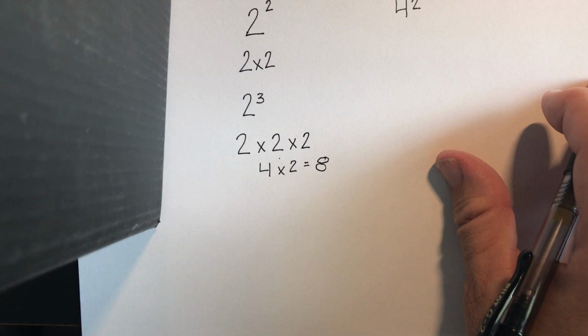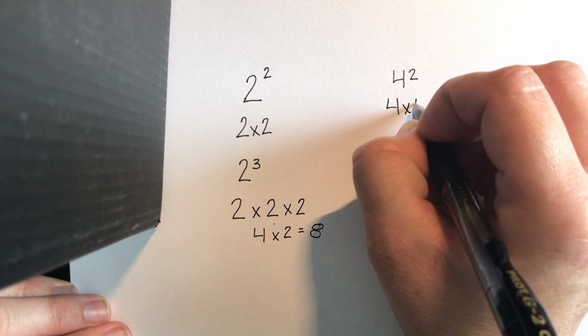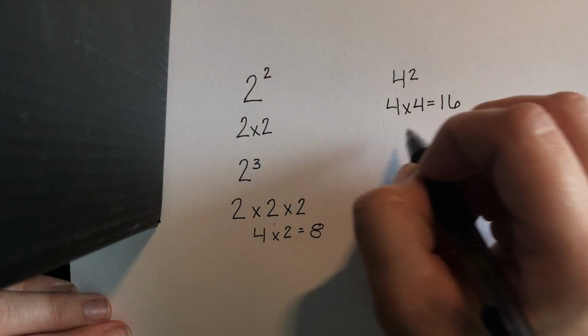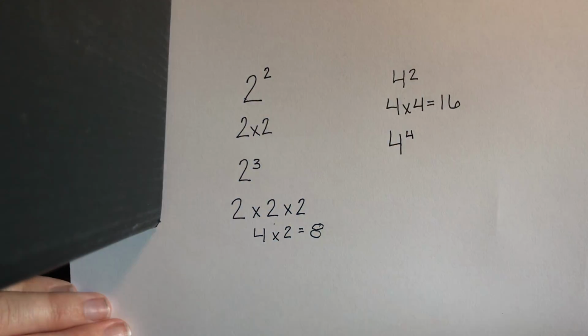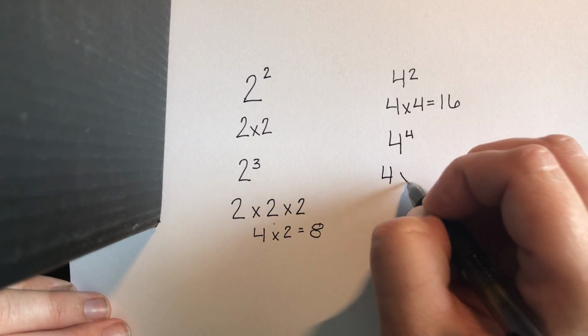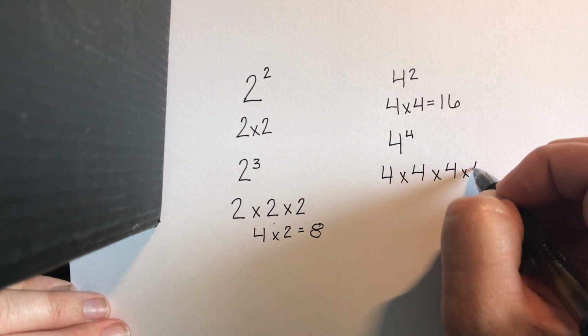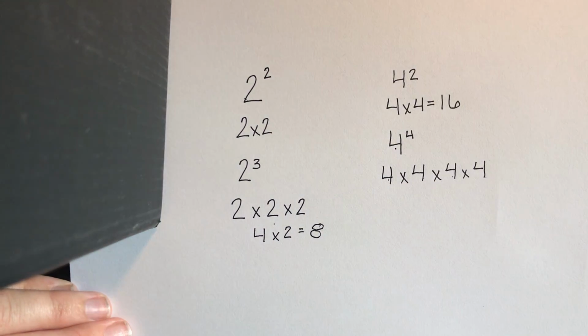All right. Let's do it with 4s. So if there was a 4 with a little bitty 2 up top, that would say 4 times 4. That would equal 16. What if there was a 4 with a teeny tiny 4 up top? That would say 4 times 4 times 4 times 4. 4 times. 1, 2, 3, 4.